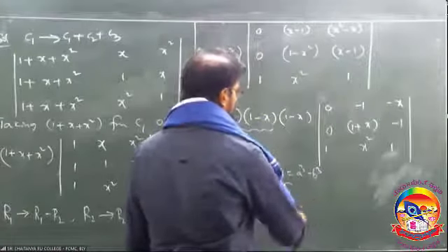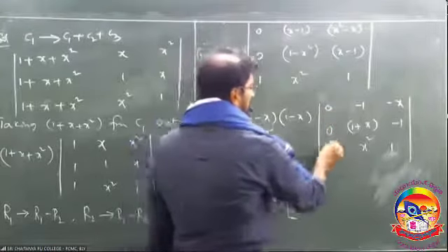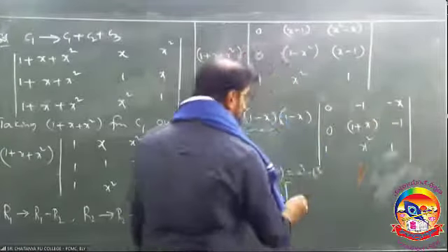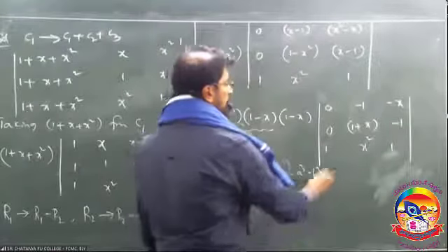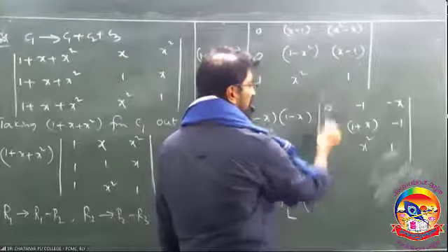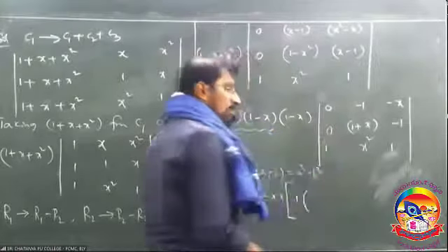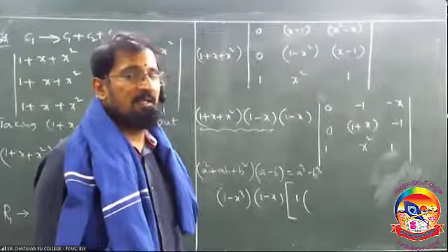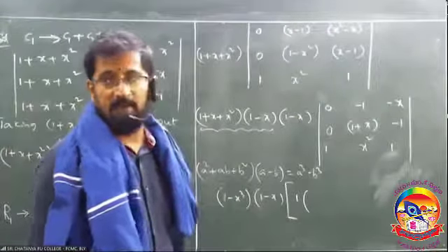That means you are going to get this element into, excluding this one and this one, you are going to get, observe, 1 into, excluding this. That means I am using column number 1. Any row or any column can be used to expand the determinant. That is the property number 1.